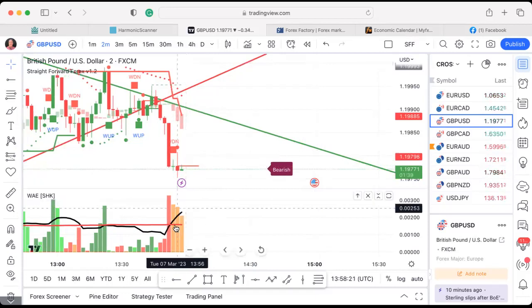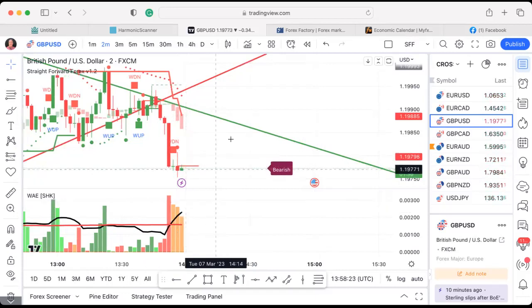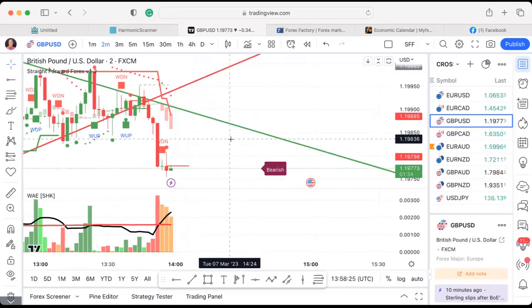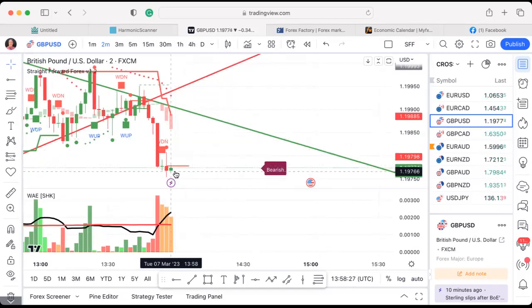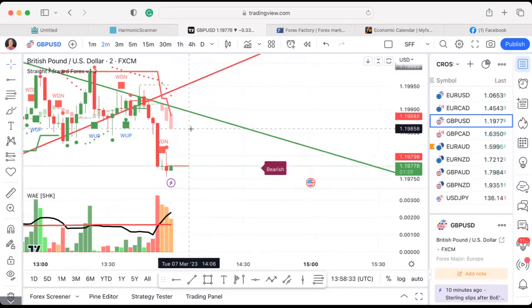This is looking good, but I'm not getting in on the green candle. Price is below the red line and below the green line, so we should be looking for a sell. We've got the red wave, red super trend.